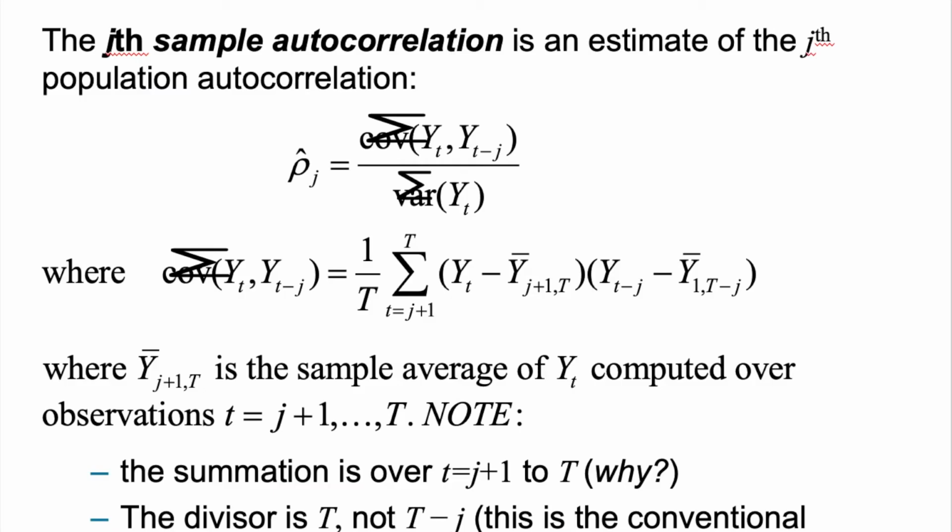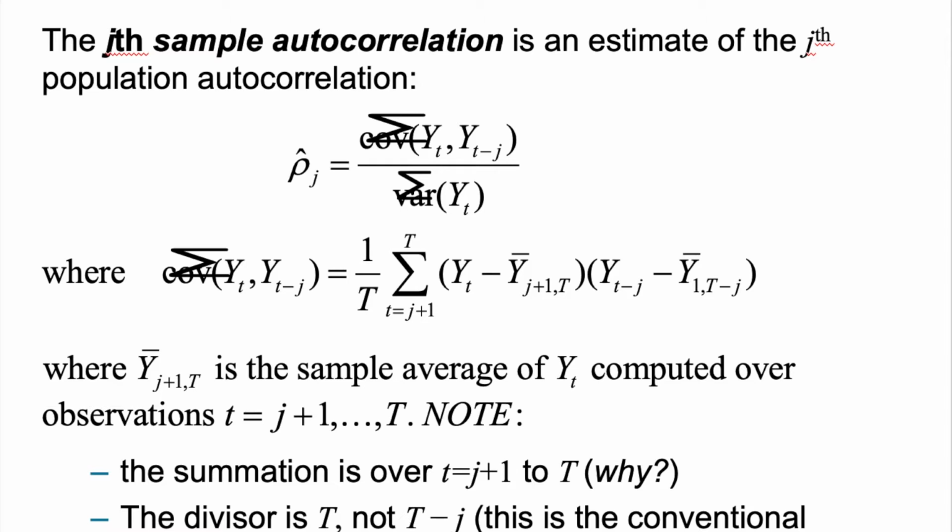As usual, we're going to estimate the population parameters using sample statistics. So the jth sample autocorrelation is an estimate of the jth population autocorrelation.